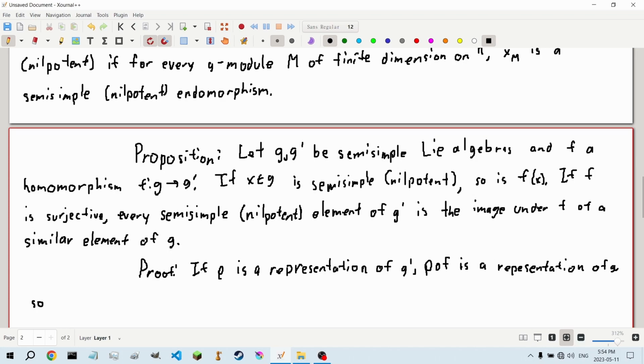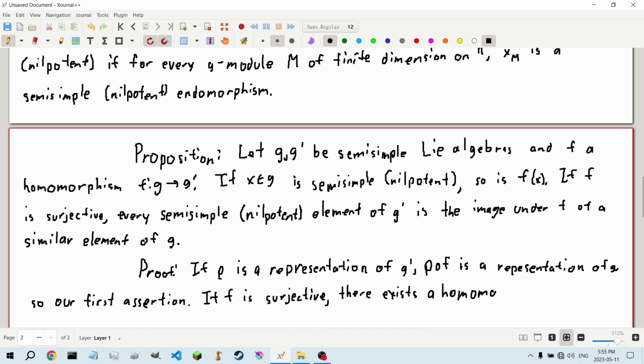So that gives us our first assertion, which is that F preserves the semisimplicity and nilpotency of elements in G. When F is surjective, there exists a homomorphism.